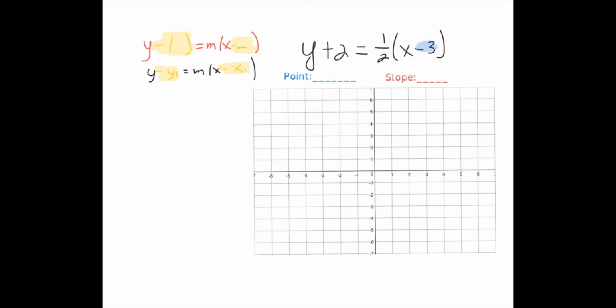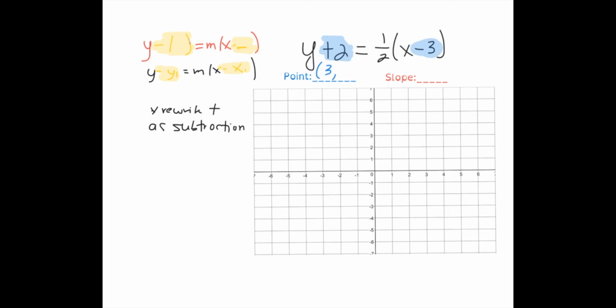Now over here I can clearly see that we have a subtraction sign next to x, so the number being subtracted from x is 3. So the coordinate of that point is 3. But what I see on the y side of this is that there isn't a minus sign, it's a plus sign. So with something like this, what we'd want to do is we would need to rewrite the addition as subtraction.